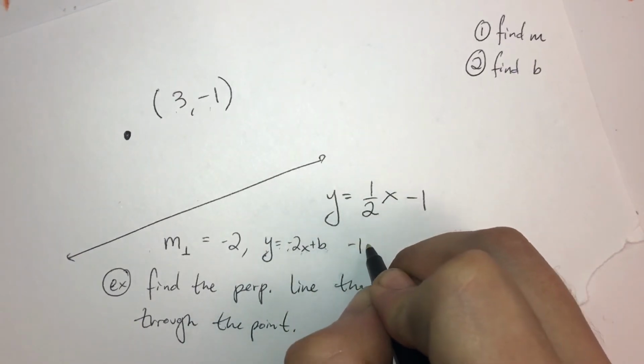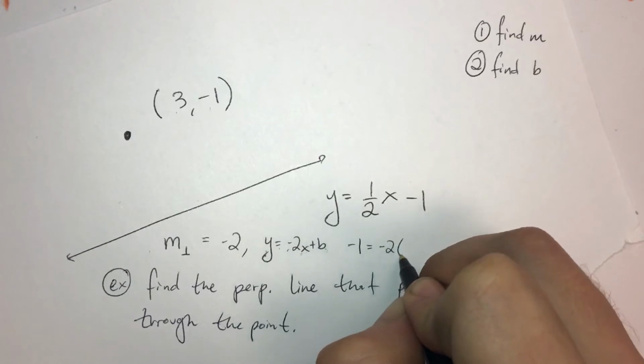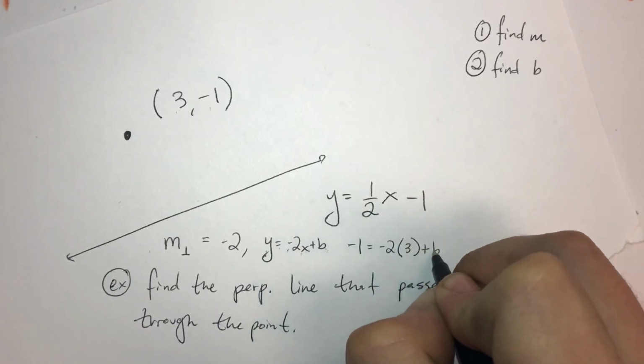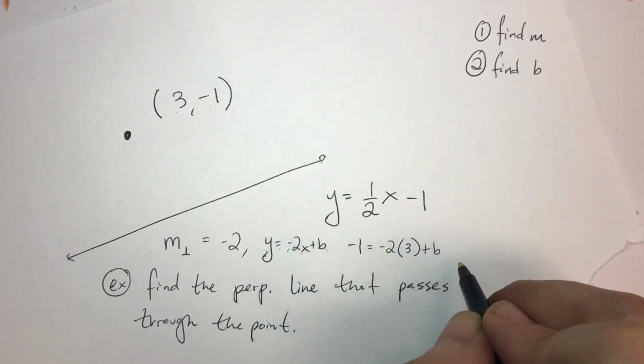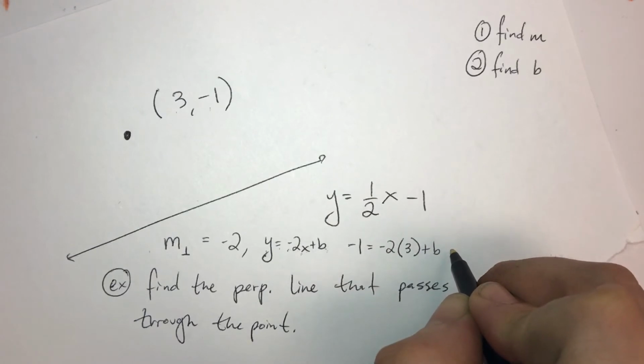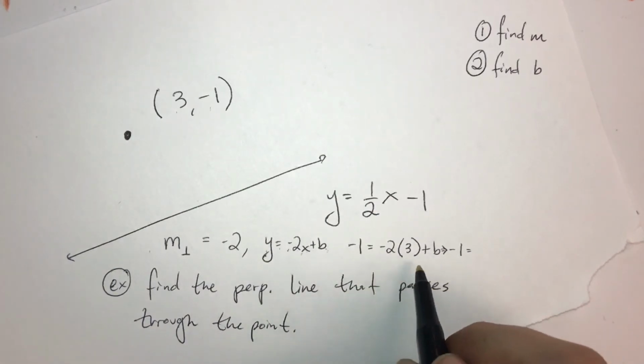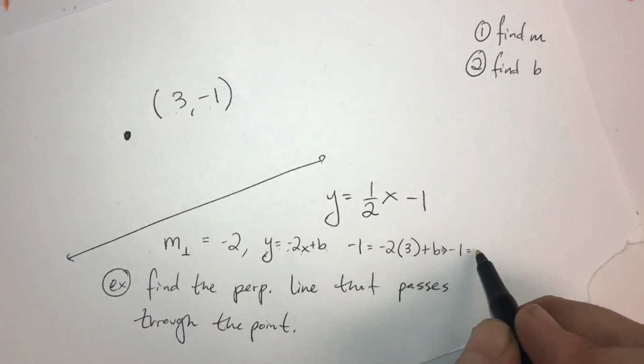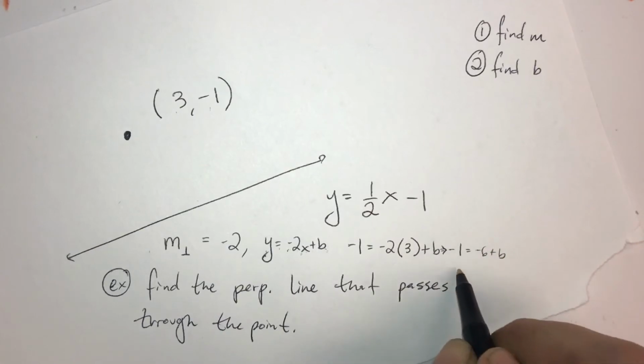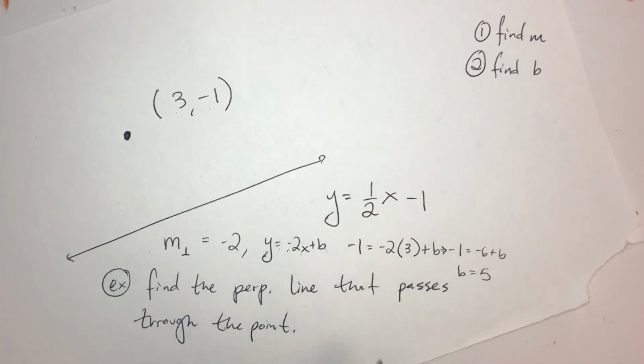So let's plug those in. -1 equals -2 times 3 plus b. That implies that -1 equals -6 plus b, so it looks like b is equal to 5.